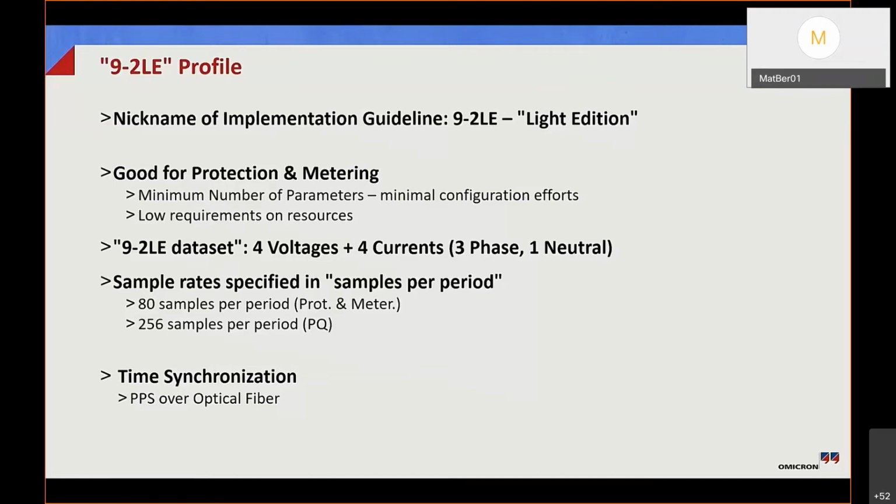And since we did not have anything better available at that time, a pulse per second over optical fiber was chosen as the time synchronization method for the merging unit. This was a rather exotic solution, and in the end, it also showed to be a kind of an obstacle for the proliferation of this technology.